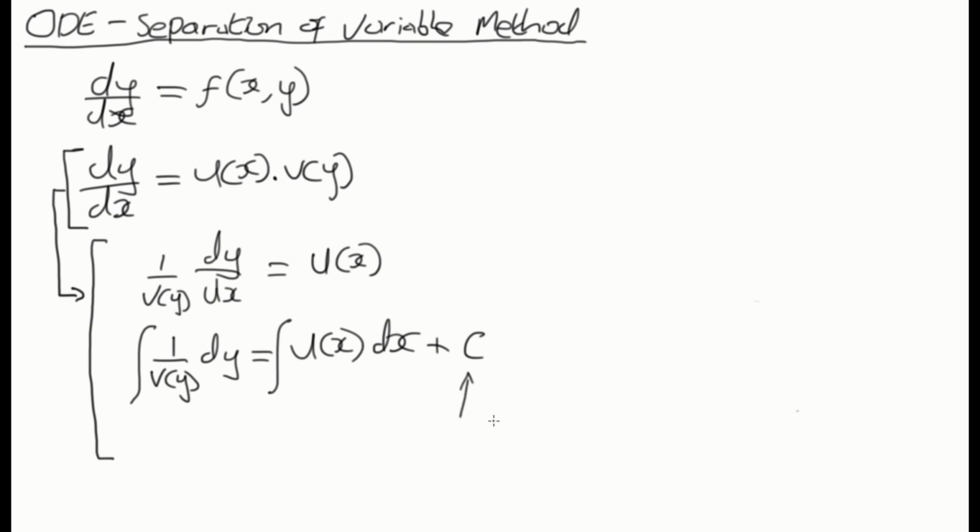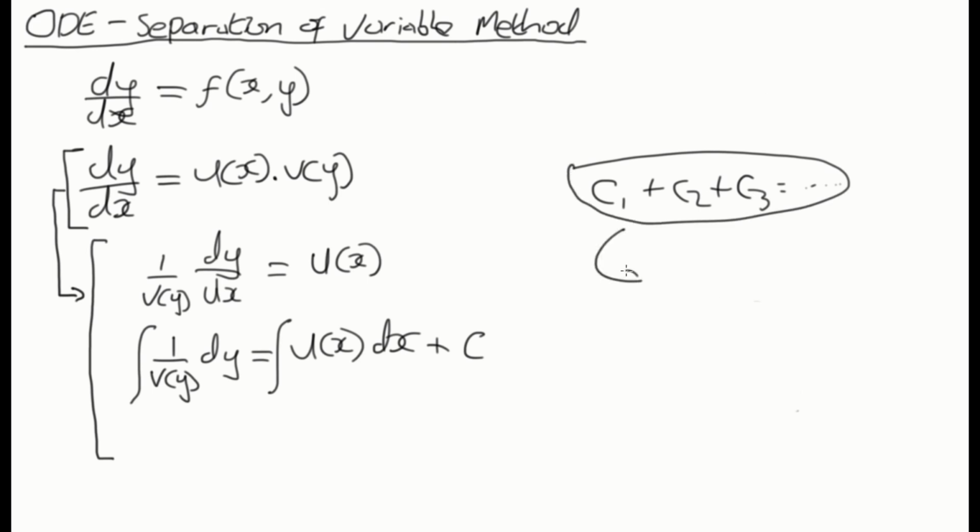The range of this one c is from minus to positive infinity, so whatever sum of c1 plus c2 plus c3, etc., it can simply absorb the whole sum. We can just put it all together as one c variable. Okay, so we always just do that.